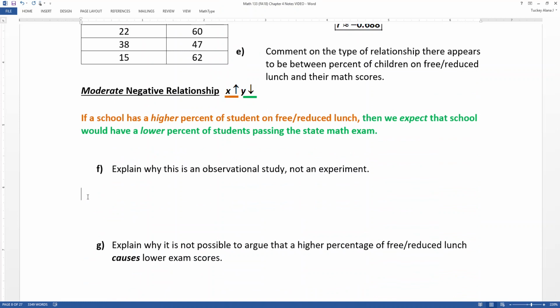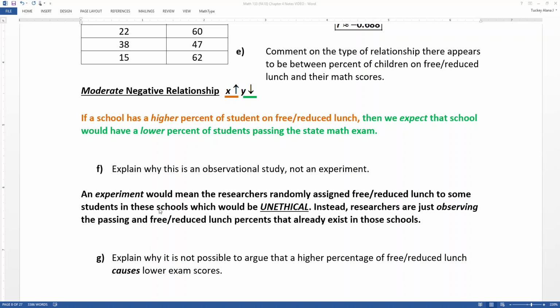And you, student that can't afford lunch, I'm not going to give it to you. I just randomly chose you to not get it. That's not fair. That's not ethical. You'd have to be observing the kids that are already getting free reduced lunch and not getting free reduced lunch. You can't force it upon them.